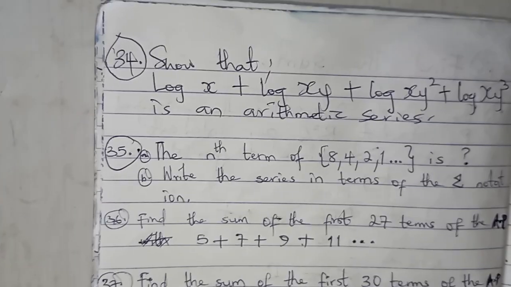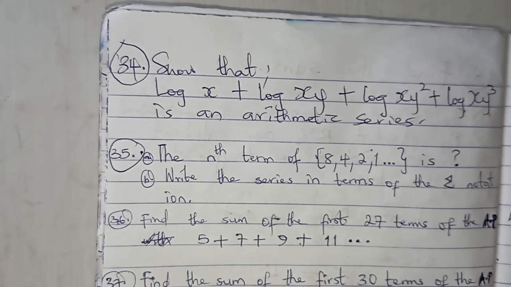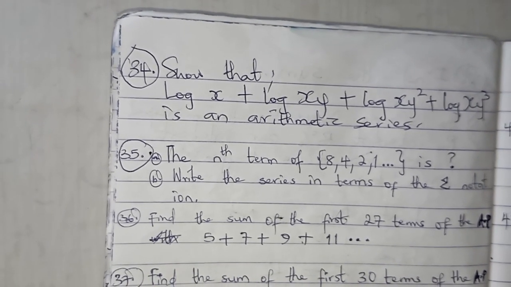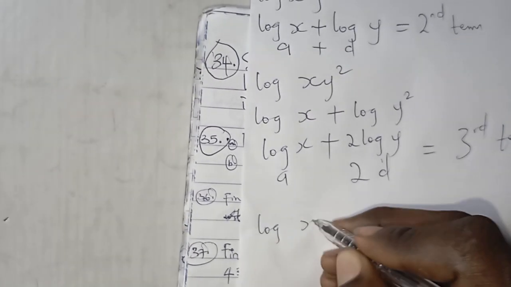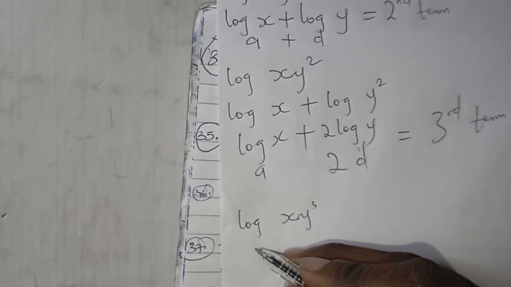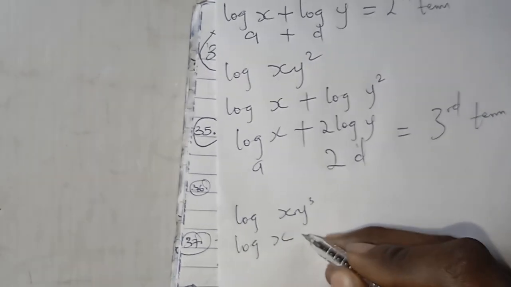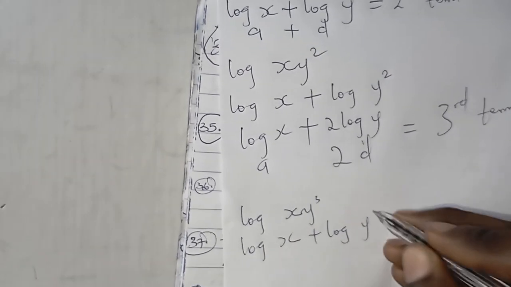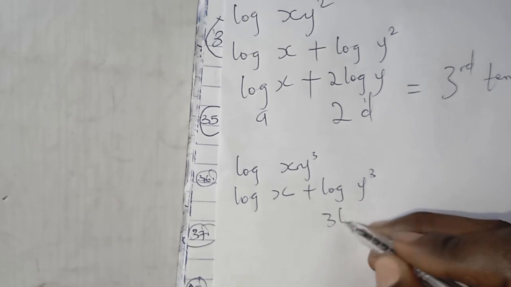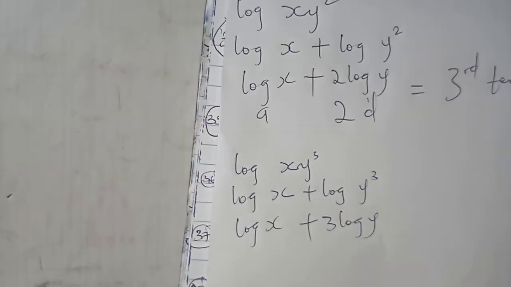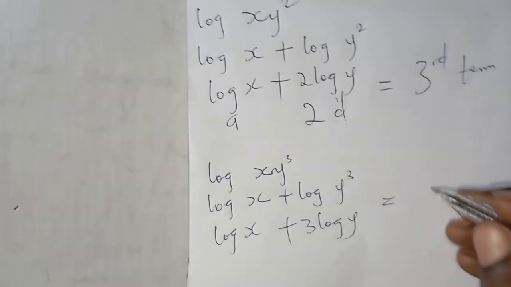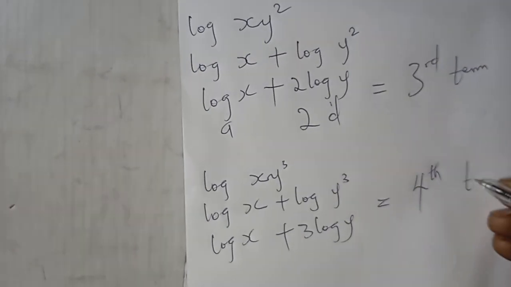Then they give us log xy cube. They want us to show that it's an arithmetic series. So log xy cube is the same thing as log x plus log y cube, which is log x plus 3 log y. This is the fourth term.